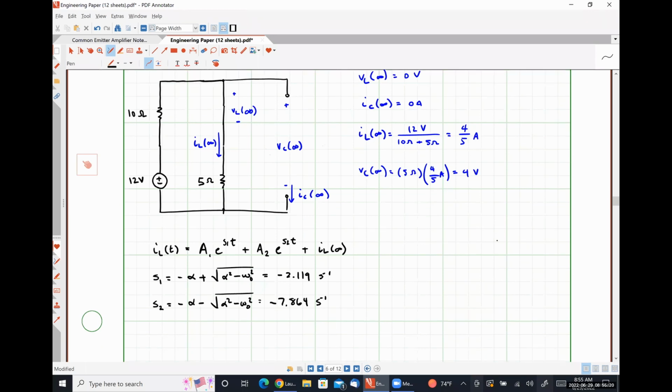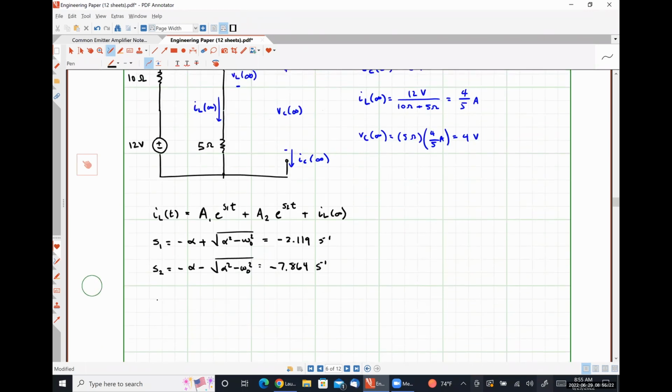All right, so IL at 0 plus is going to look like A1 plus A2 plus IL at infinity. Rearranging, we have A1 plus A2 is equal to IL at 0 plus minus IL at infinity.